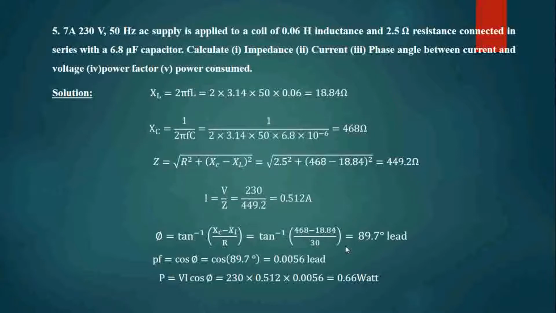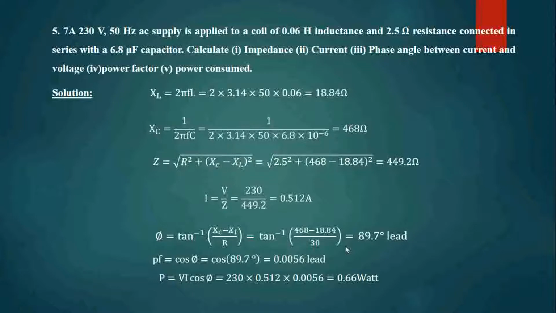Problem number 5. A 7 amps, 230 volts, 50 hertz AC supply is applied to a coil of 0.06 Henry inductance and 2.5 ohm resistance connected in series with a 6.8 microfarad capacitor.